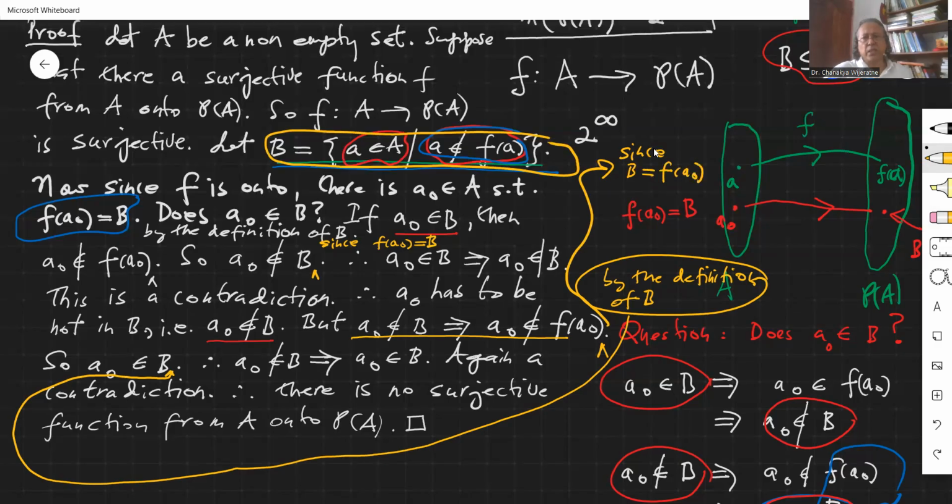That's why we say here that A naught doesn't belong to B implies A naught doesn't belong to f of A naught. And then this conclusion by the definition of B. So, again a contradiction. All right, so we have done the proof.